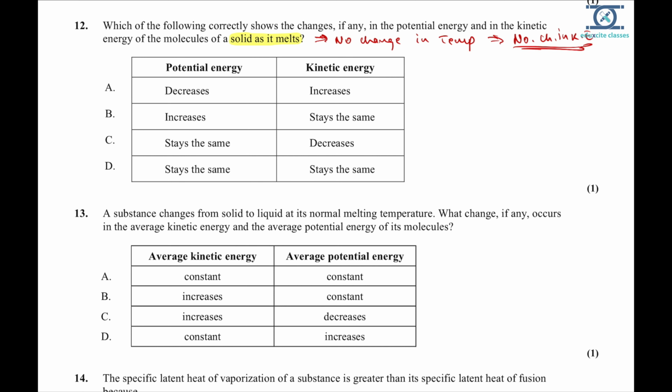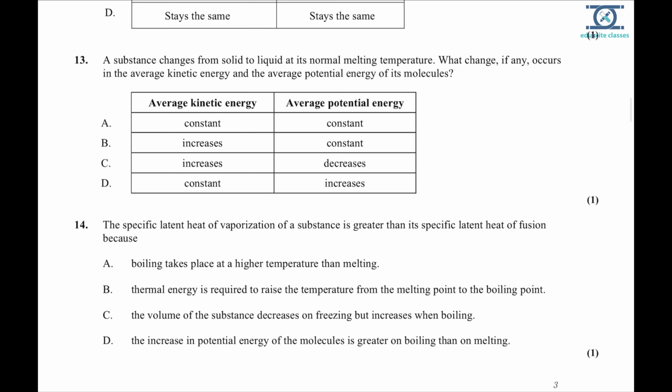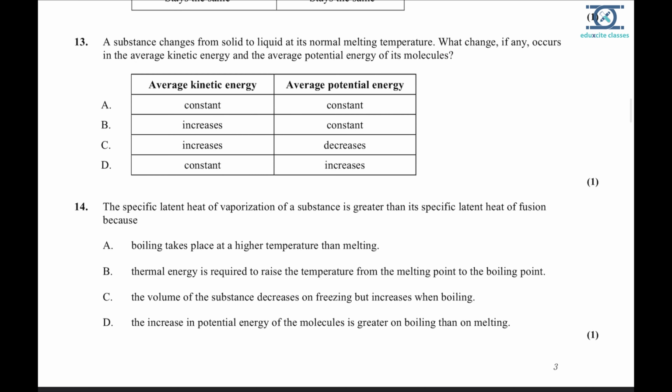So there will be no change in kinetic energy, so this and this get wrong. Now we have to think whether the potential energy will increase or stay the same. Now it becomes easy. When the temperature is not changing, the supplied energy is required to increase the potential energy of the molecules or the system. So potential energy will increase when there is a change in phase. So option B.